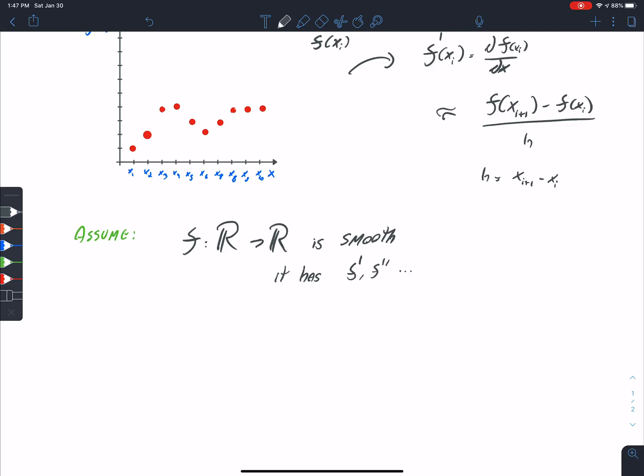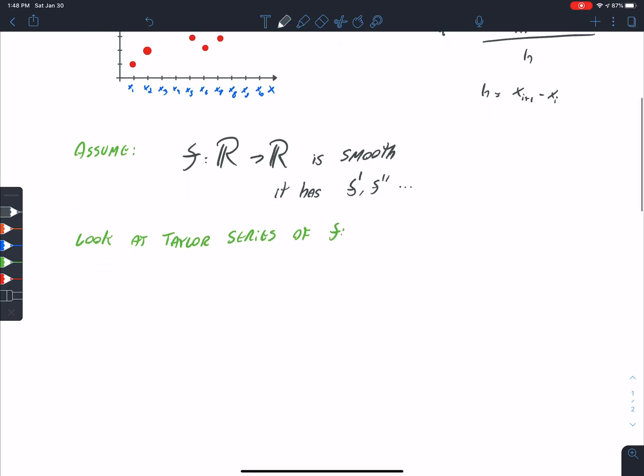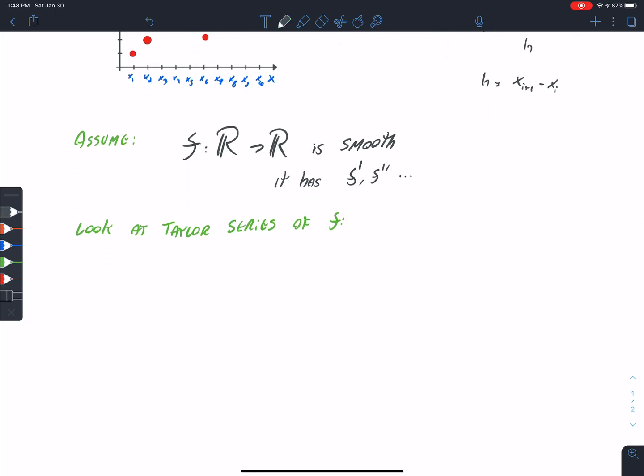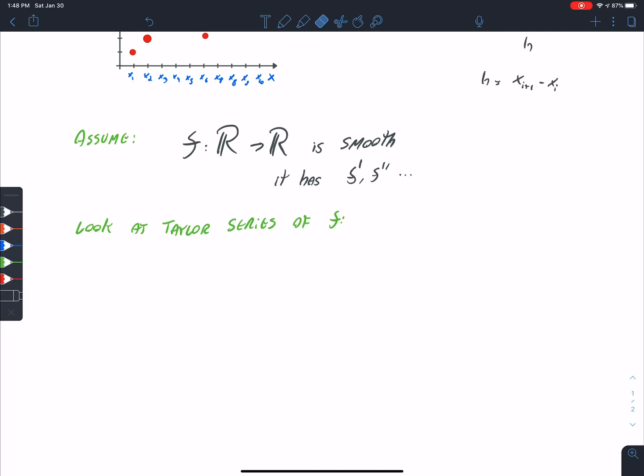And what we're going to do here is to look at the Taylor series of the function f. If you remember Taylor series from calculus, there are a couple of formulas actually. There's the forward Taylor series and the backward Taylor series. Let's write both of them.